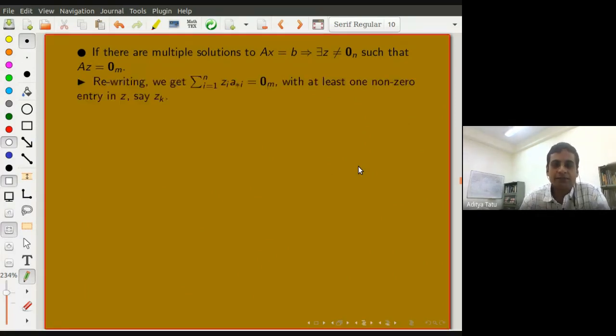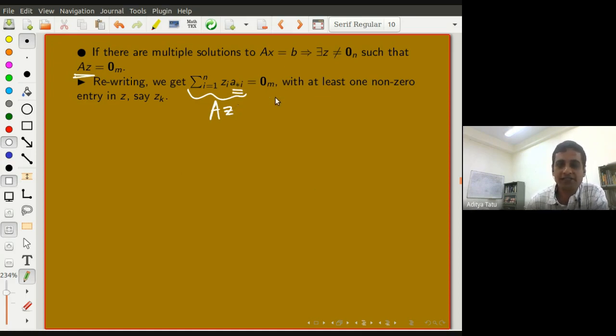Now, if I expand Az, because we saw that when we multiply a vector to the right of some matrix A, all we are doing is taking linear combinations of columns of A. So this is just Az, and again, this is the notation for the ith column.